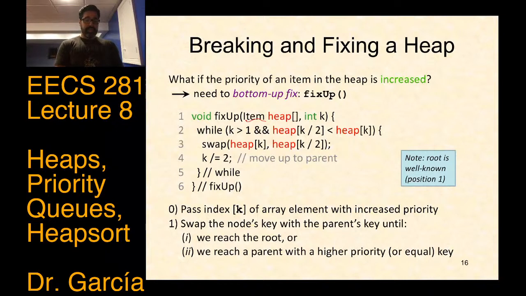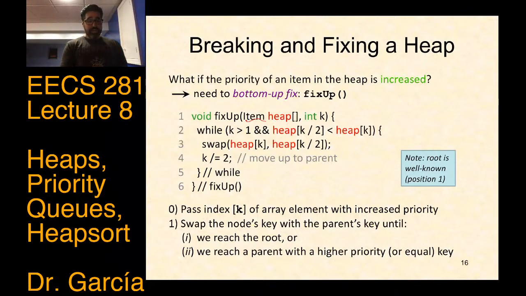And then K is the current node that we're looking to fix. Now, this could be implemented recursively, but you don't need to. Since we have an array, we can just use a while loop rather than implement it recursively. Conceptually, it's really a recursive operation, but there's no need to use recursion in the implementation.